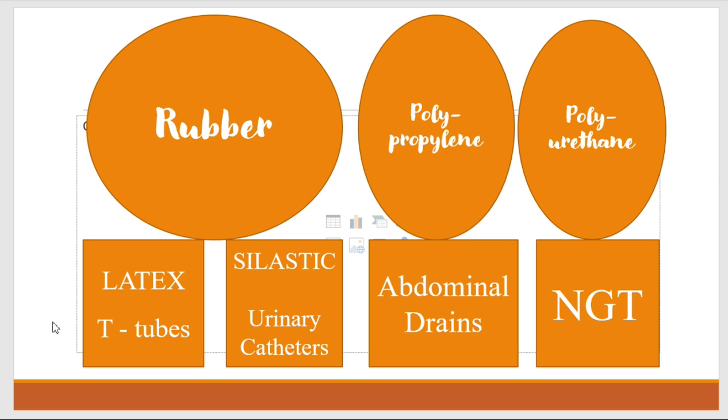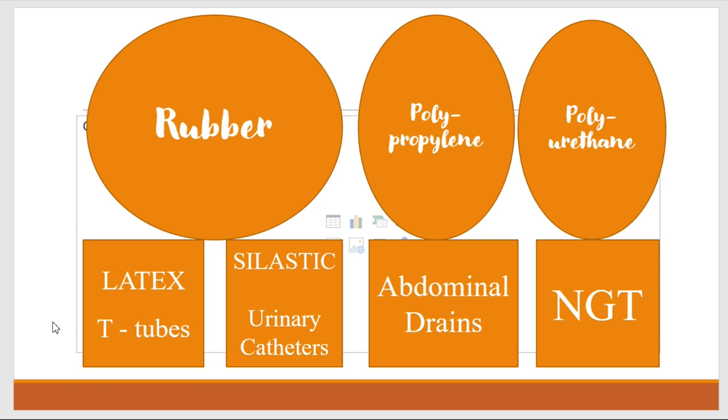Second, the various urinary catheters are usually made up of silastic rubber. Nowadays, silicon coated urinary catheters are also available, but most of the time silastic rubber is used for urinary catheters. These examples are also a type of drain.